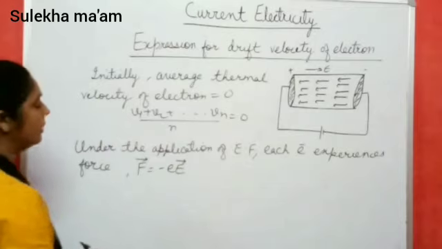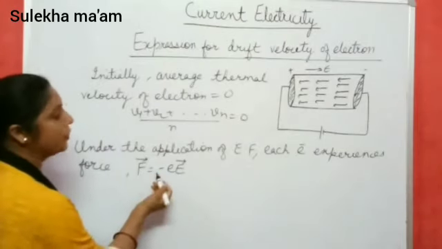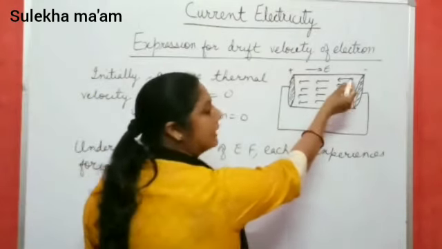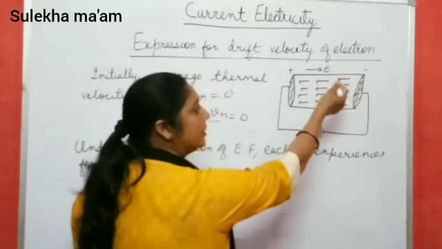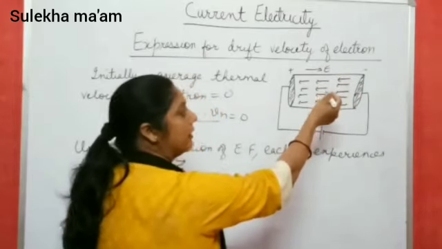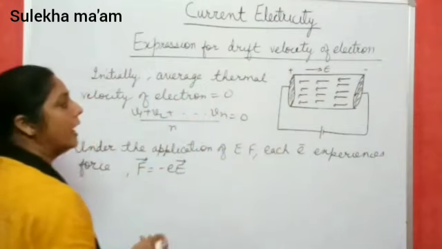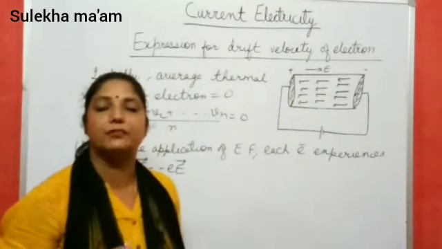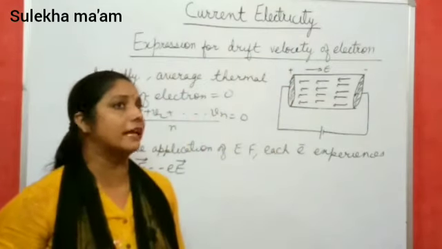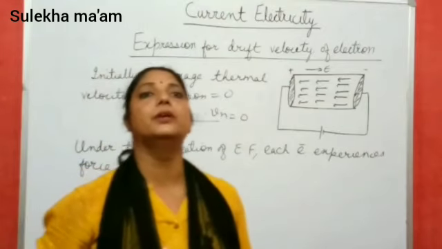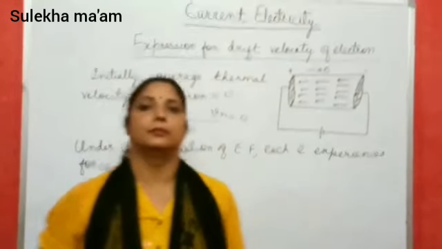Both are vector quantities. So this much force is experienced by the electron, and the electron starts accelerating due to this force. What is the acceleration due to that force? The formula for acceleration is a equal to F by m.